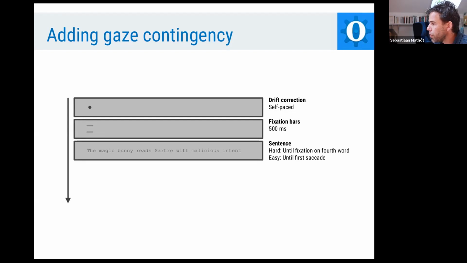We show this sentence until something happens. You can choose whether you want to make this complicated for yourself or easy. In the easy situation, you present this sentence until the participants make a saccadic eye movement.